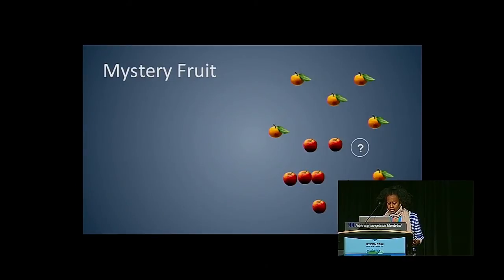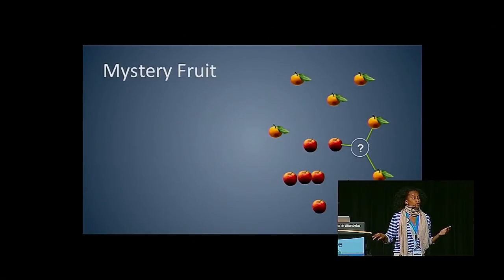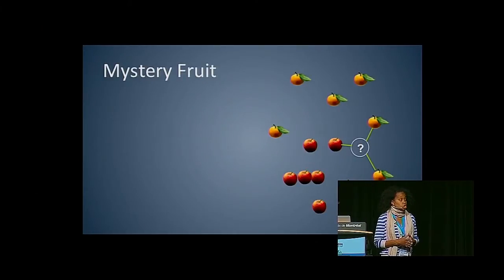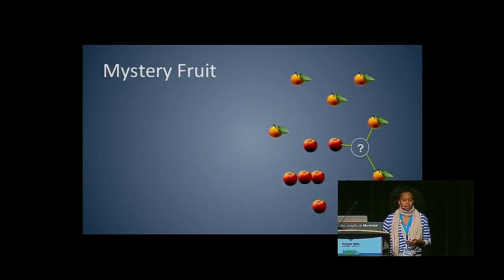So using KNN, we're going to set K to 3, which means we're going to look at the 3 closest neighbors. In this example, we have an apple and 2 oranges. So based on our closest neighbors, we can infer that our mystery fruit is an orange.